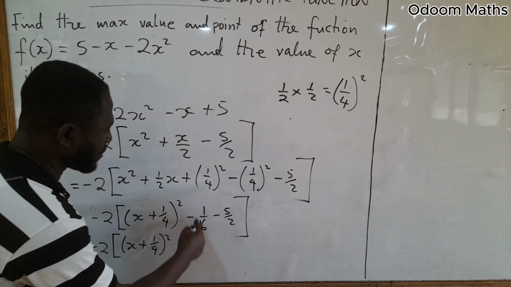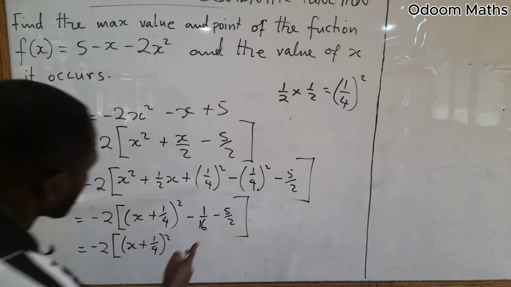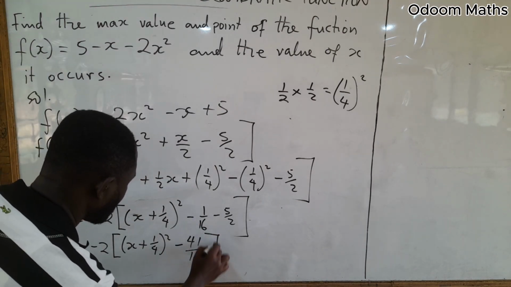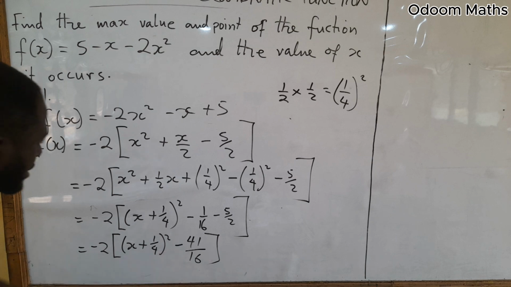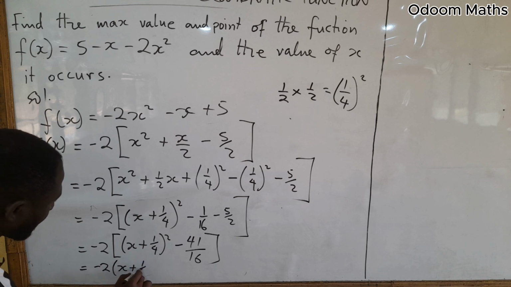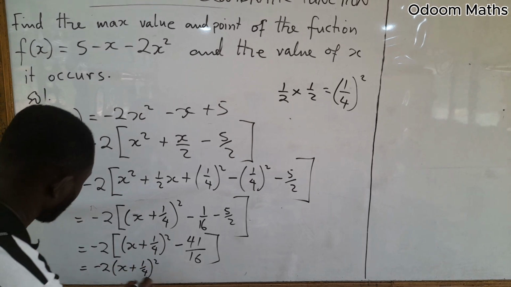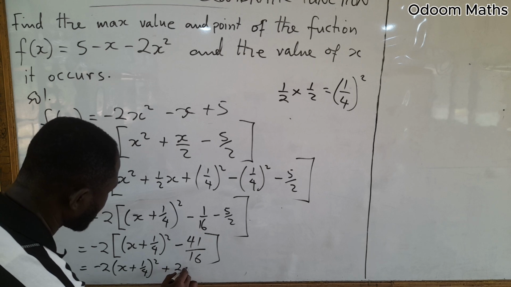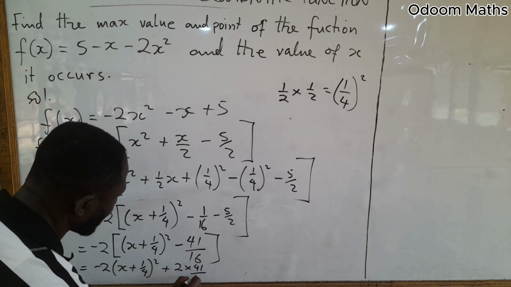So let's resolve it on the calculator and put the answer here. This one becomes minus 41 over 16. Now I need to expand this. So this gives me negative 2 into brackets x plus 1 over 4 squared, then this and this becomes plus 2 times 41 over 16.